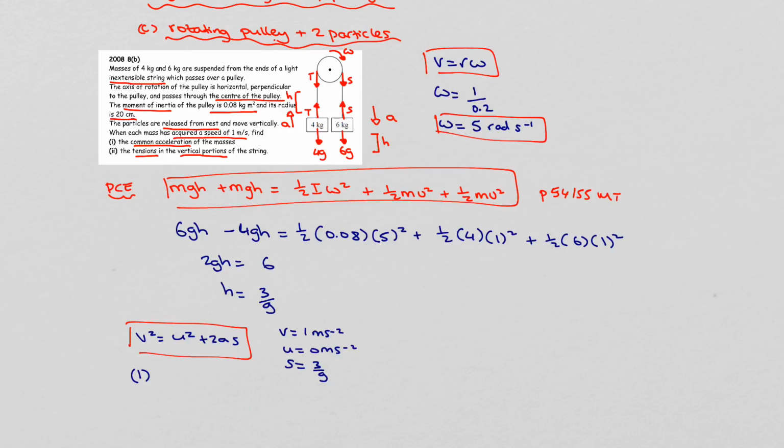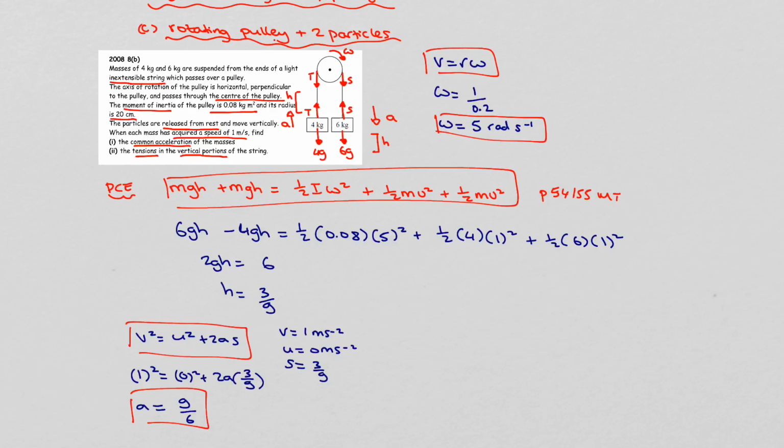So subbing in gives me 1 squared is equal to u squared, which is just 0, plus 2a times 3 over g. And therefore getting a on its own is g over 6. Okay, so that gives us our common acceleration.